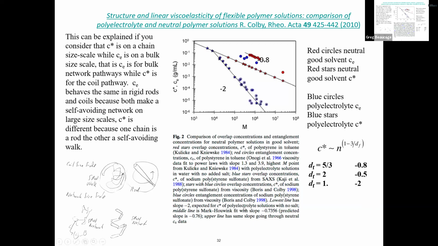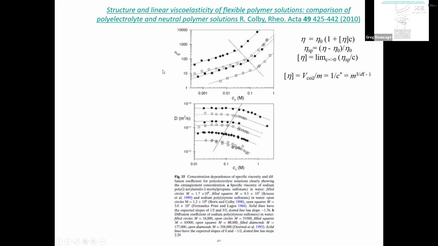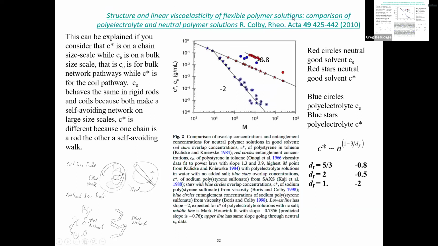The point he comes to, which totally makes sense, is that this measurement is a bulk measurement, a measurement on milliliters of this stuff, and the other measurement is on very small sizes, nano, pico. So when you look at this polyelectrolyte on the large scale, these rods actually hook up and form a network that's a good solvent network that has the 0.8.